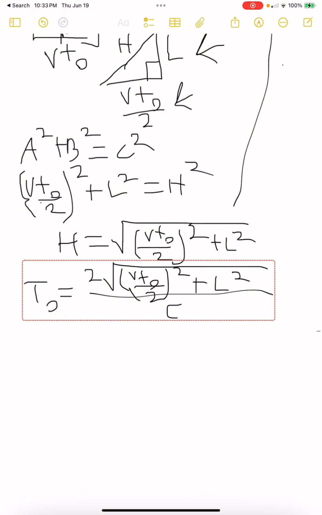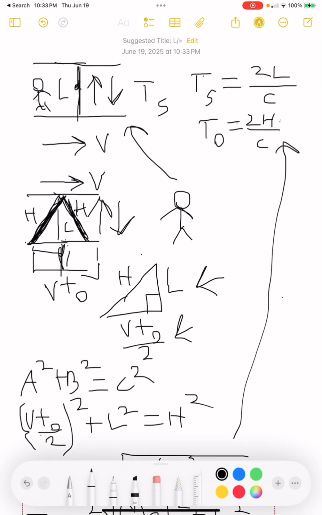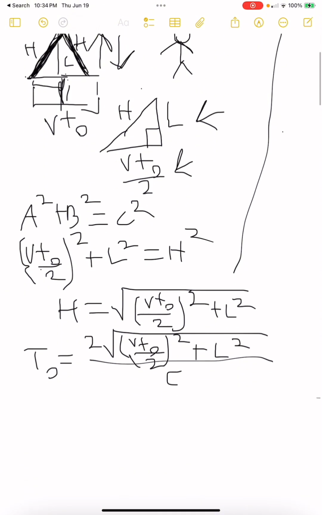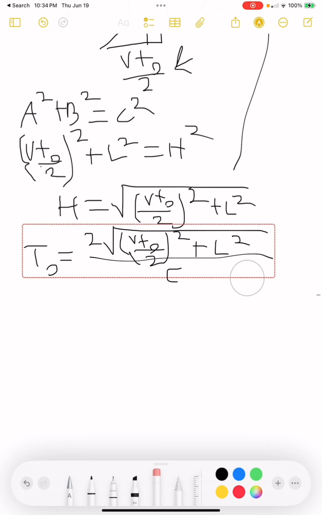Now, what we want to do next is find L so we can relate it to this equation right here. If we can find L, we're pretty much good to go. And luckily, we have L right here, and it's only one term, so we can separate it.